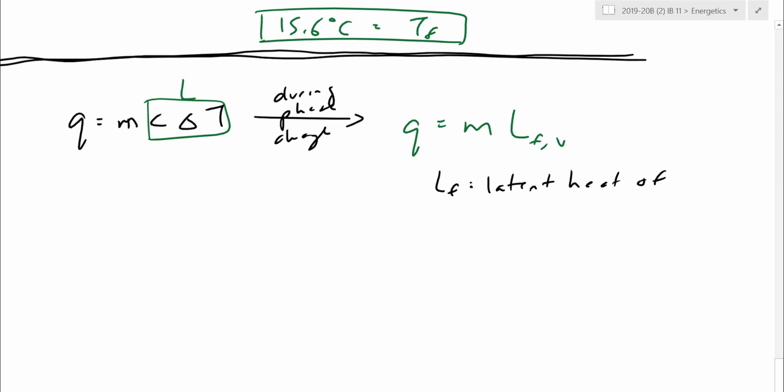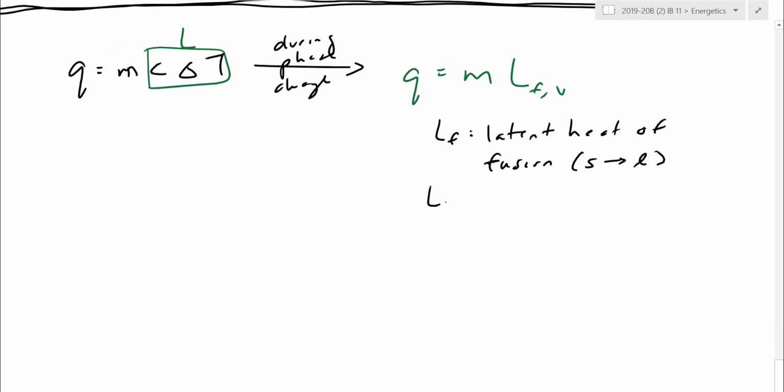Latent heat is just the name of it. Instead of specific heat, it's now called latent heat. It's the latent heat of, in this case, F stands for fusion. Fusion is an archaic term for solid to liquid or liquid to solid. Or you can guess here, latent heat of vaporization.